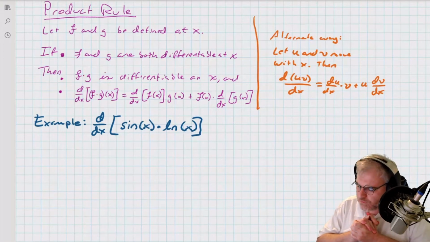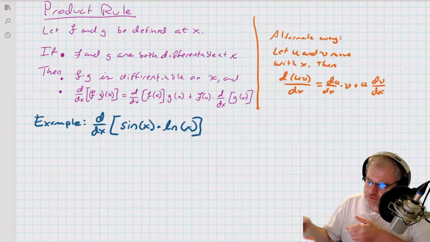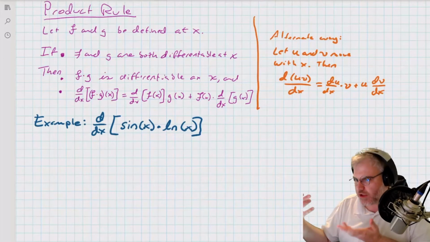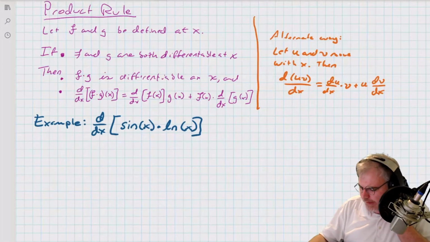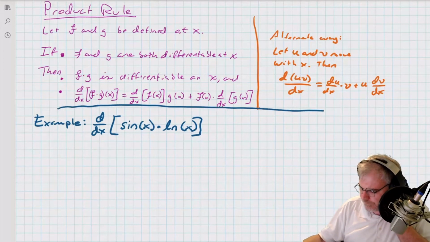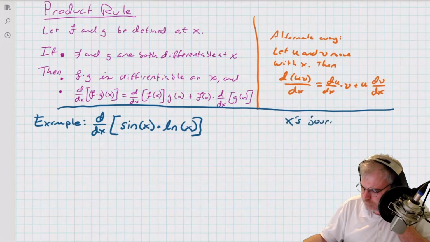Okay, so let's do this. Now, x is going to take a little journey here. Two things are going to happen to x. Well, let's see. x gets sined, and I also take the natural log of him.